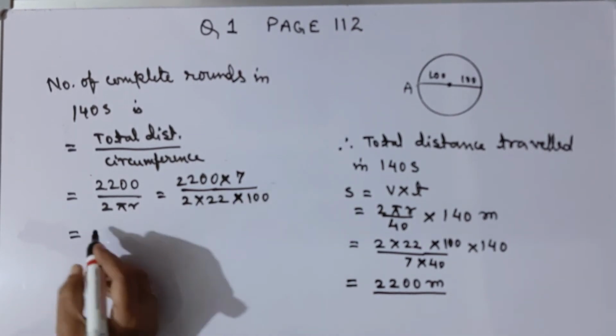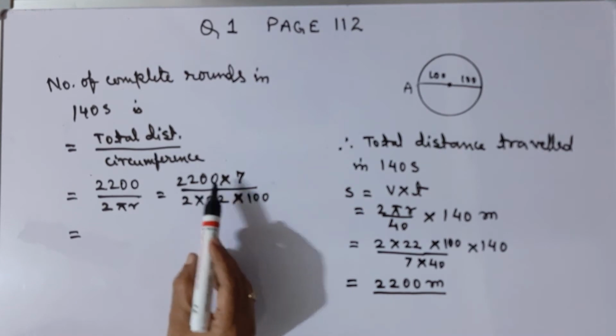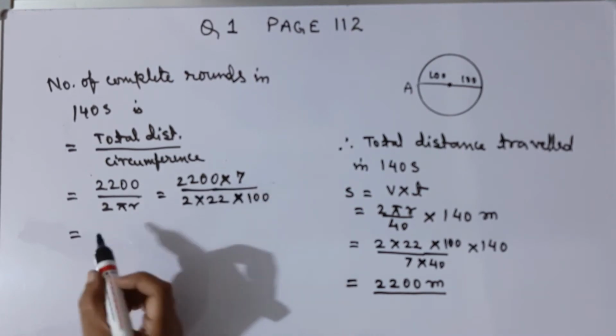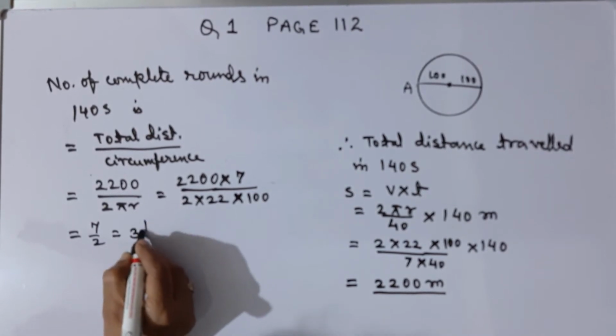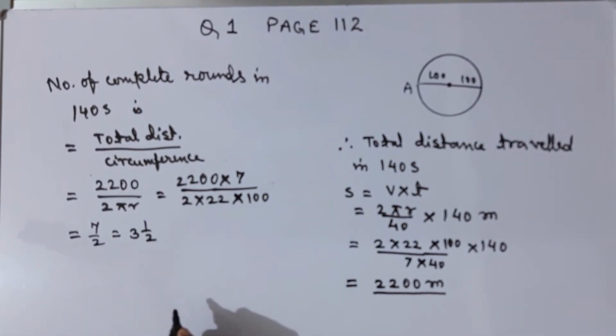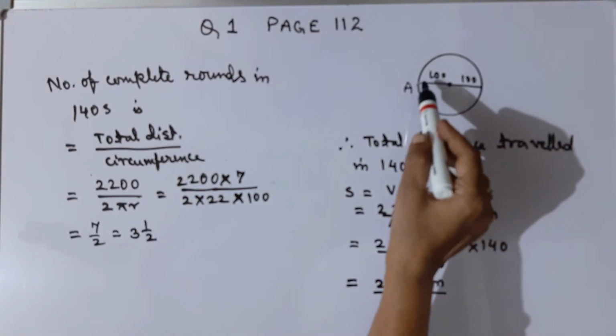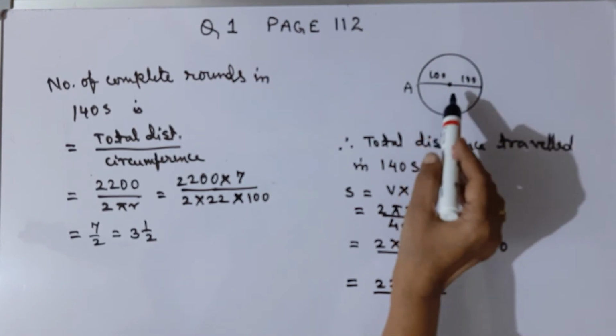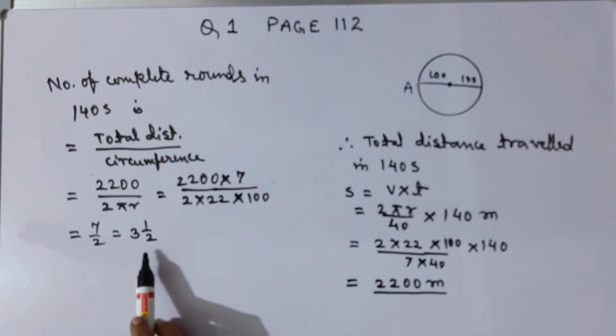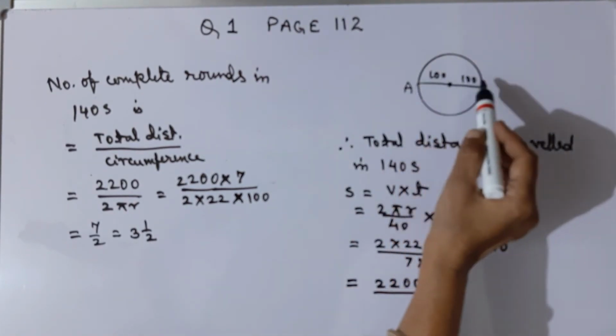After simplifying, you can see that this is 2200, this again 2200, we will find 7 upon 2, that is 3.5 complete rounds. It means that if the athlete starts from the point A, he will complete 3 rounds, and after that half round. For half round, he will come across the diameter.